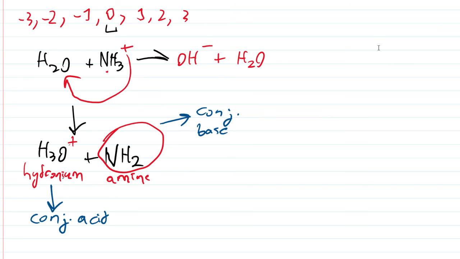Well, because look, we can take this hydronium, which is now the conjugate acid, no longer the base. Well, now it has to be an acid. Why? Because we want to get rid of this charge right here.